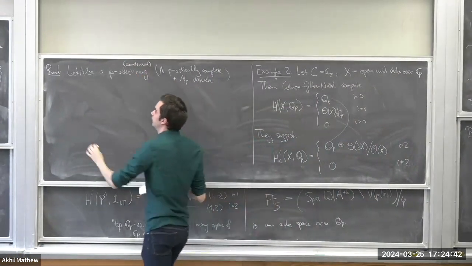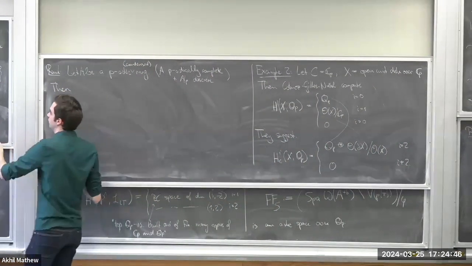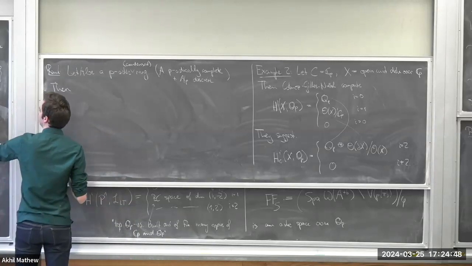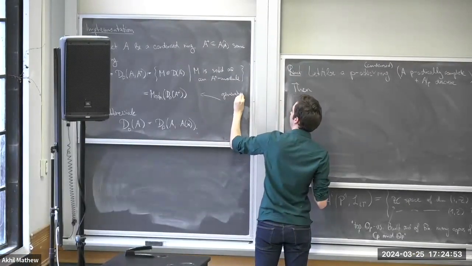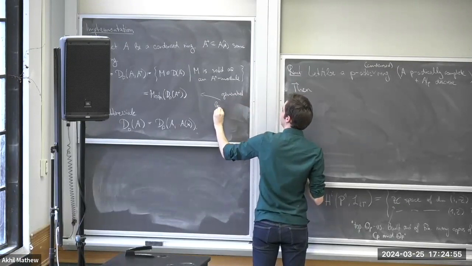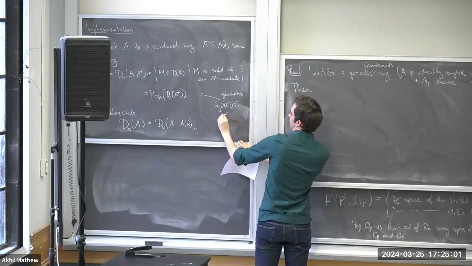And then, sorry, I forgot to mention, this category is generated by compact generators, and I'll just call them A tensor A plus solid, so as before. In this case, I take A and tensor it over A plus.